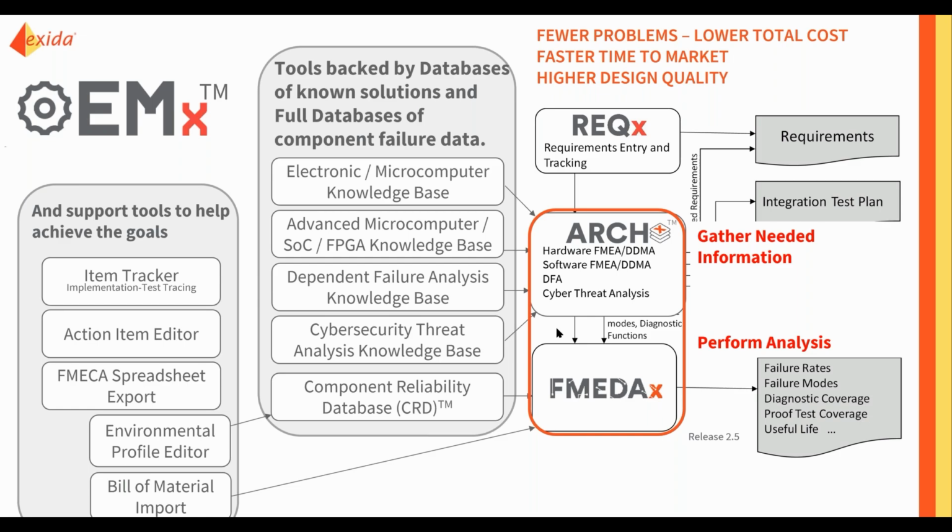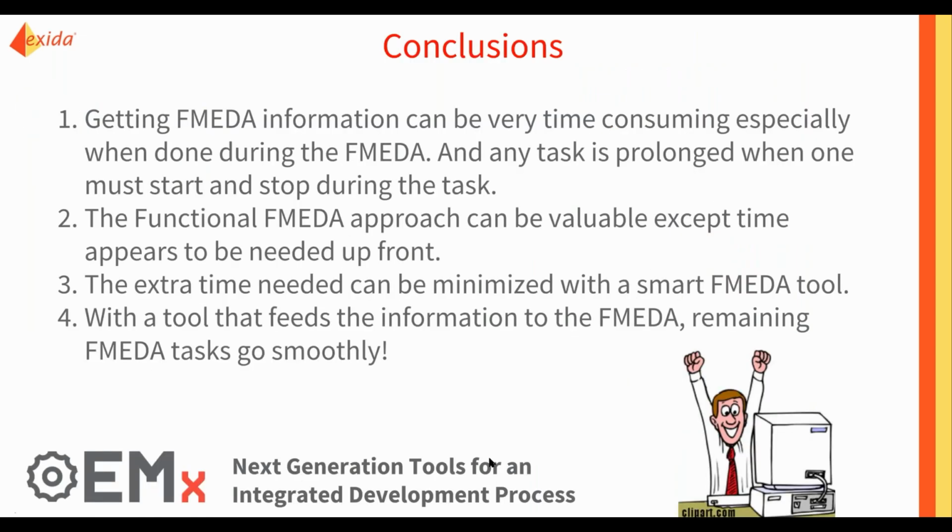But isn't it better if the tool that does one task feeds straight into the tool that does another task? And in this case, we use ARCHx to gather the information and FMEDAX to perform the analysis and calculate the metrics. This is working out pretty well. It achieves the OEMX goals of fewer problems, lower total cost, faster time to market, and higher design quality.